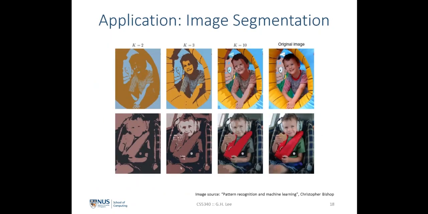Now let's look at an example of the k-means algorithm on image segmentation, where for a given image I want to segment it into different clusters based on their RGB information.